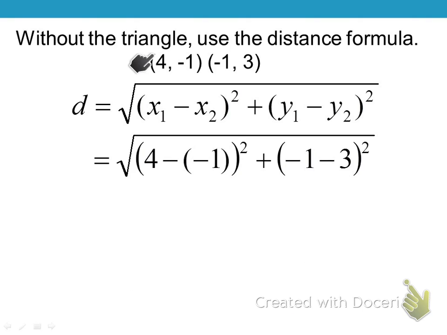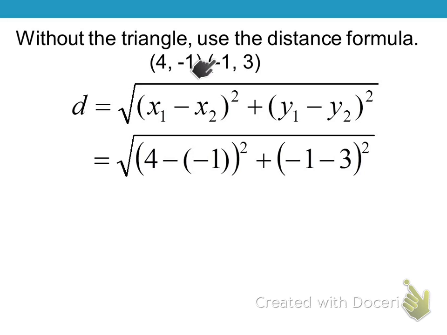So in this case, x1 is the first x value. When I rewrite this, instead of x1, I'm going to put a 4. I'm trying to find how far they are from each other, the difference between the x's. That'll give me one of the legs of the triangle. So 4 is my first x.